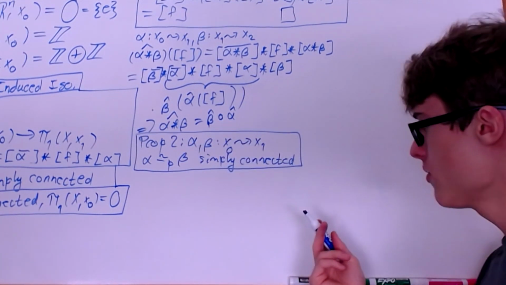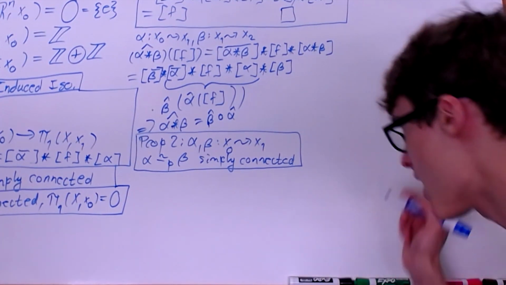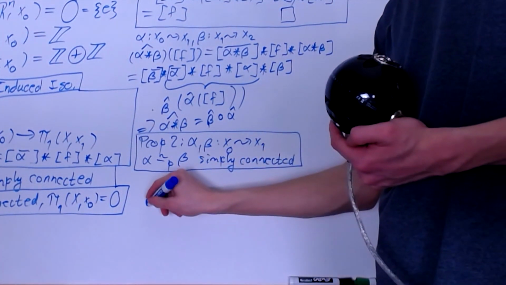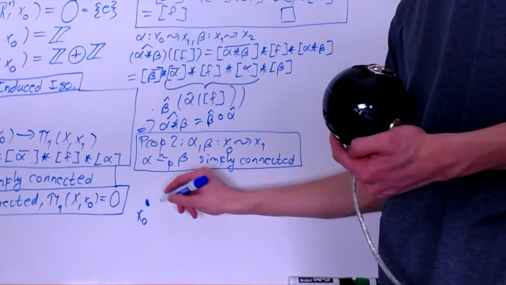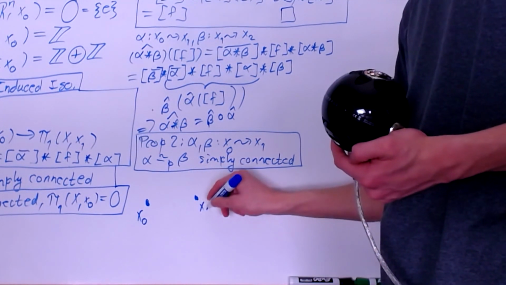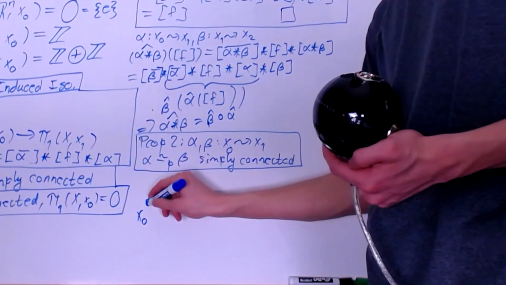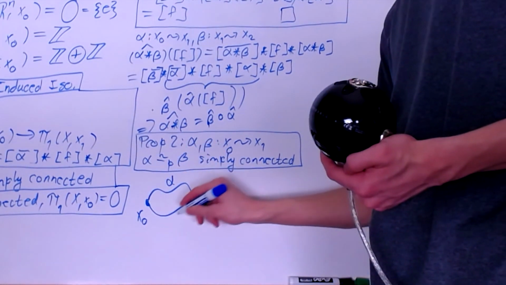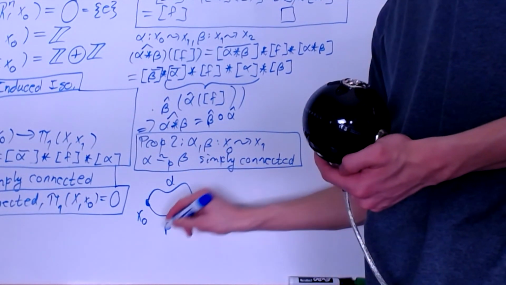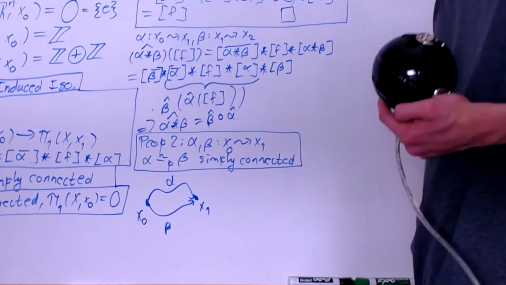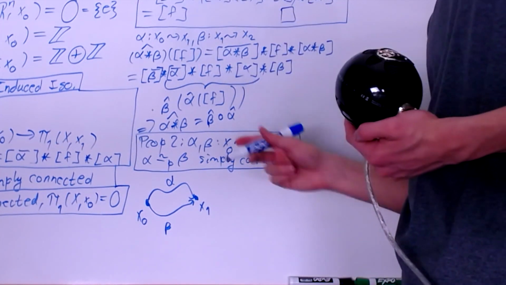So how do I prove that? Well, it's actually really easy, and I'm just going to draw out how you can prove it. So right here we have x0, right here we have x1, right there we have alpha, there we have beta. How do I prove that these two are homotopic?